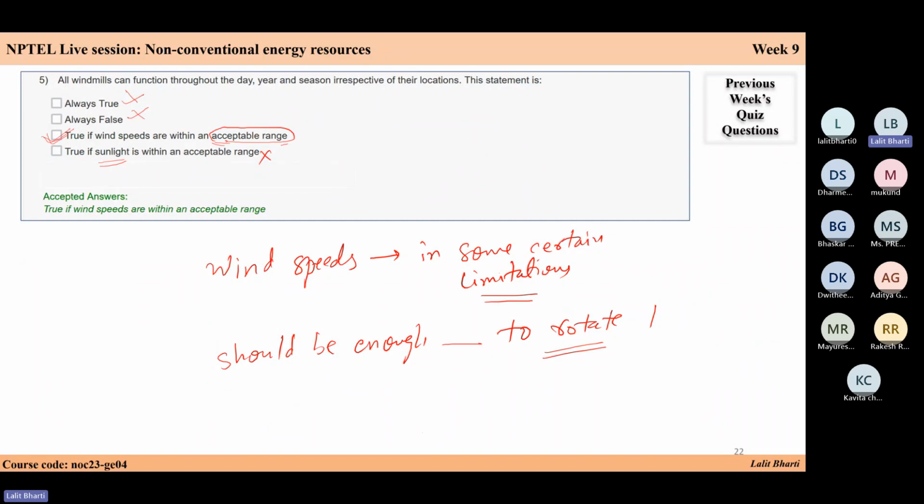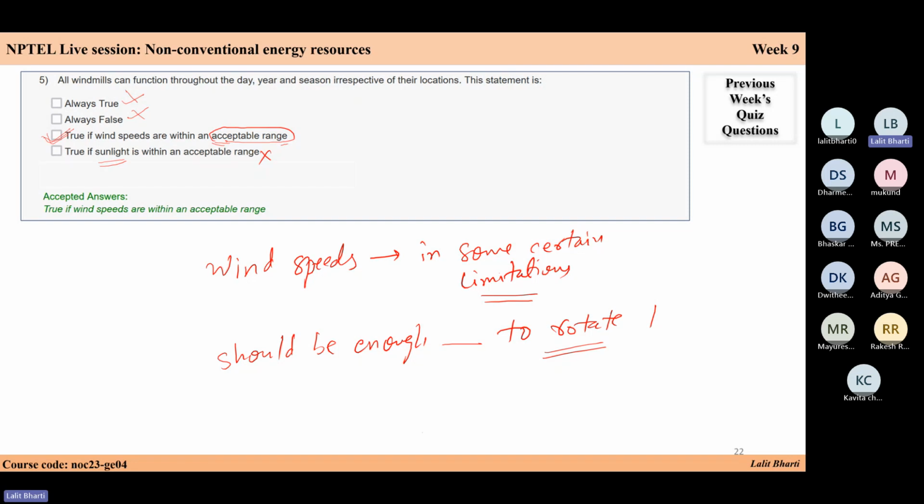Then we have question 5. Oh, sorry, question 5. It says all windmills can function throughout the day, year, and season, irrespective of their location. We know that the functioning of windmills depends on the geographical conditions as well as the season.